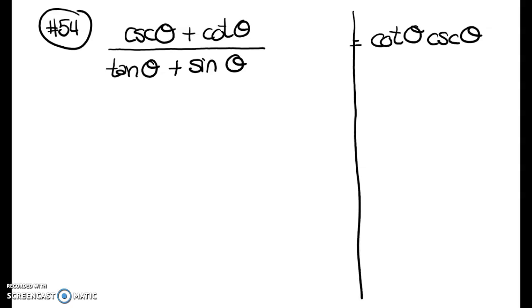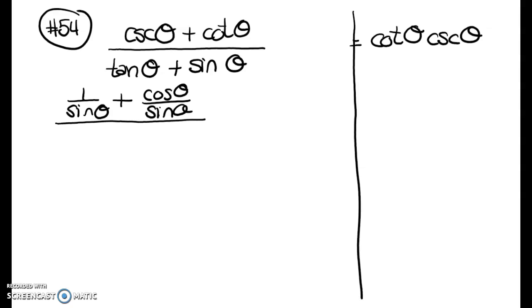Cosecant is 1 over sine. Cotangent is cosine over sine. In my denominator, I get sine over cosine plus sine over, let's just say, 1.